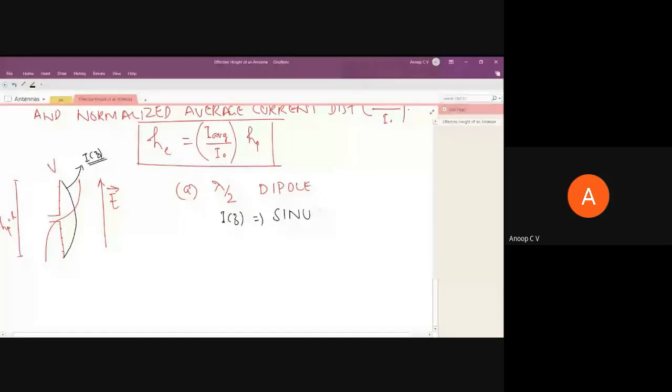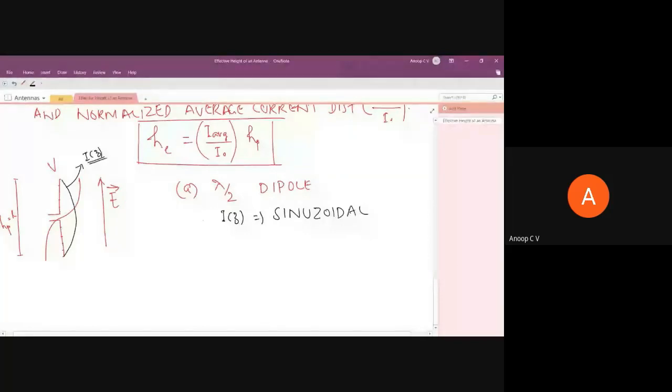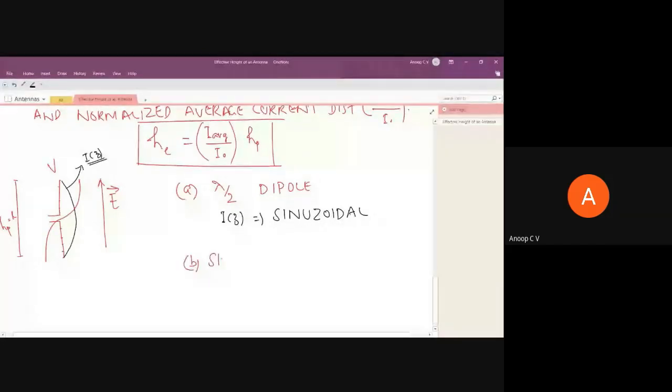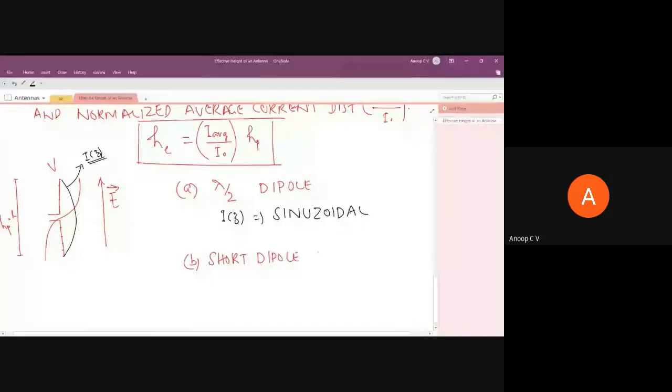And if you consider a short dipole, I'll take another example. A short dipole means the length is much less compared to lambda by 2. So I'll draw here a short dipole.